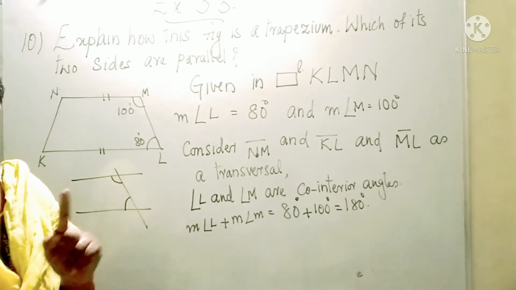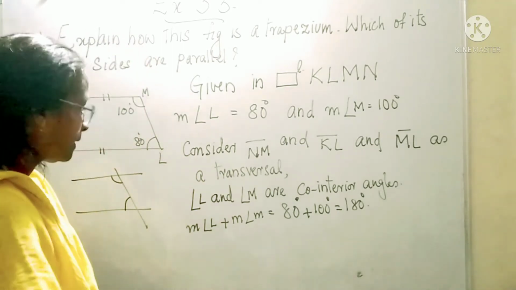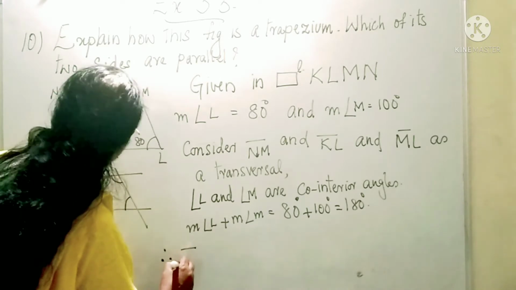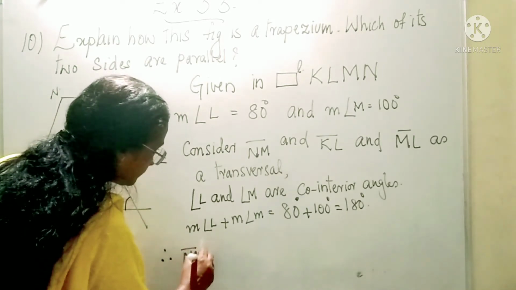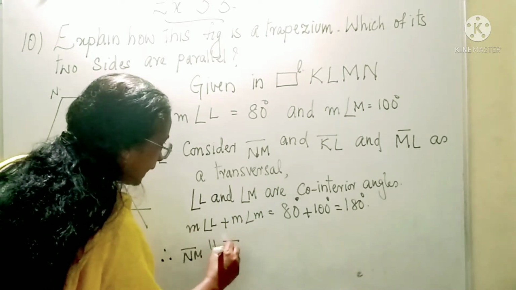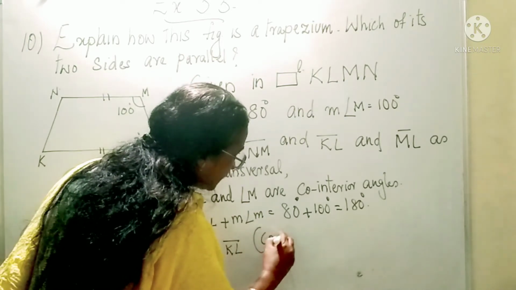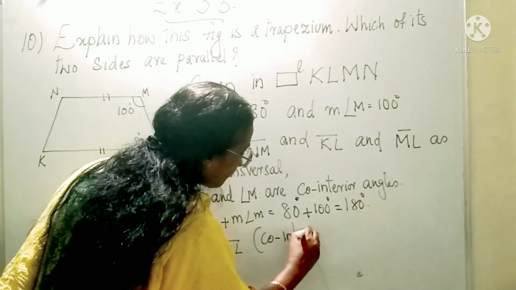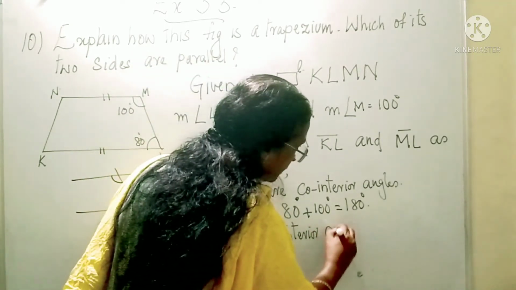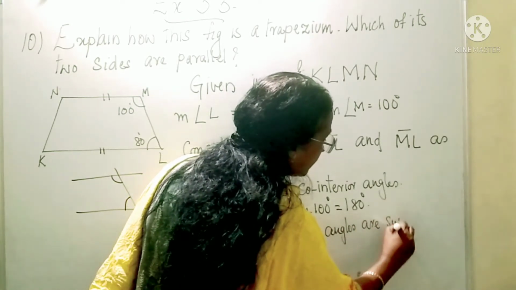Now if the sum of co-interior angles is 180, what does it mean? Therefore, line segment NM is parallel to line segment KL. What is the reason? Co-interior angles are supplementary.